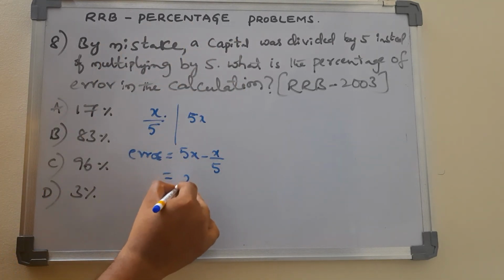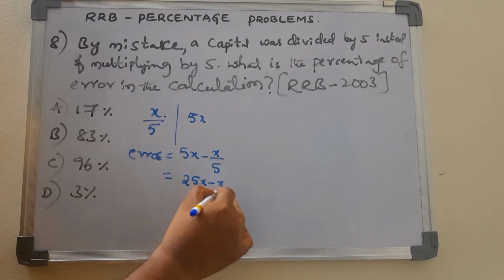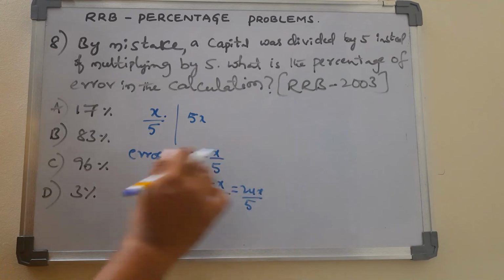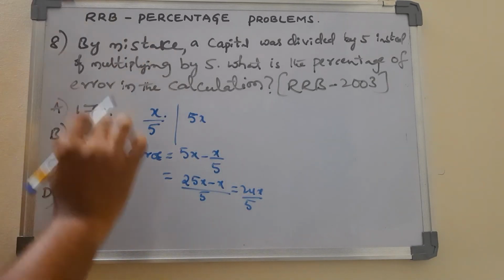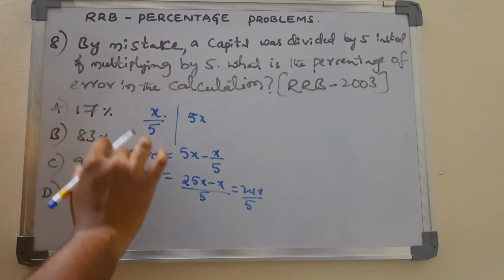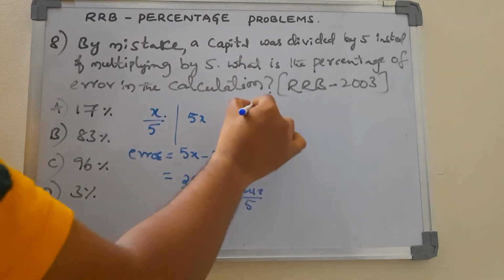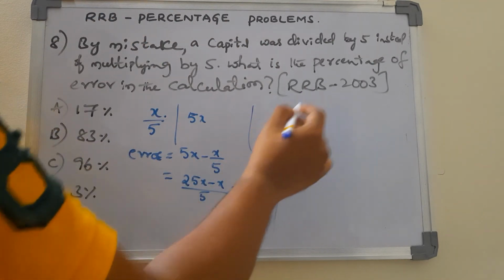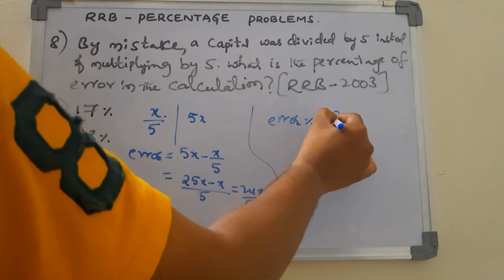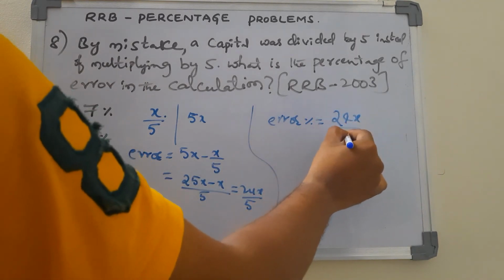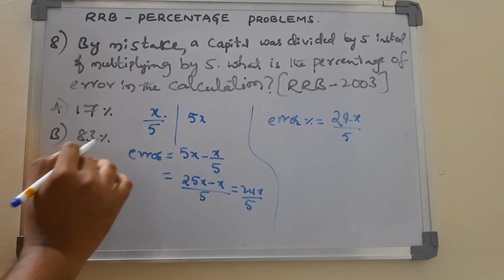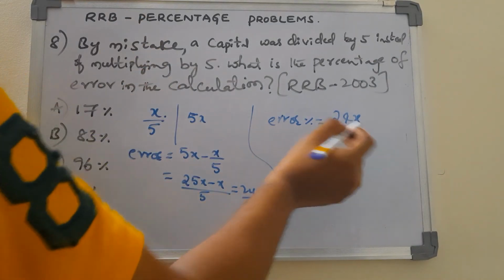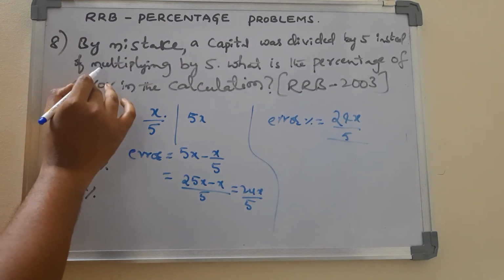Taking the LCM, 25x minus x, over 5, that is 24x by 5. This is the error, but we need to find the error percentage. To find the error percentage, what is the error? 24x by 5. In which quantity has the error been done?